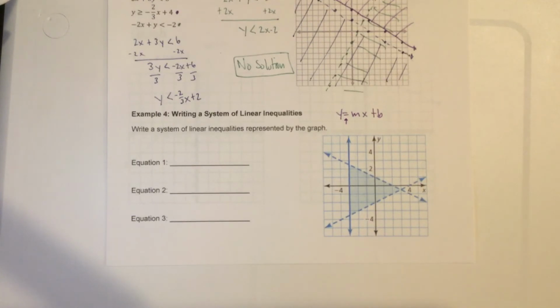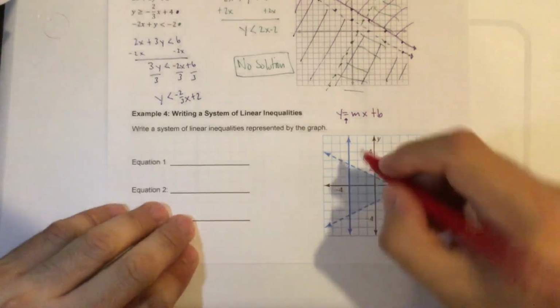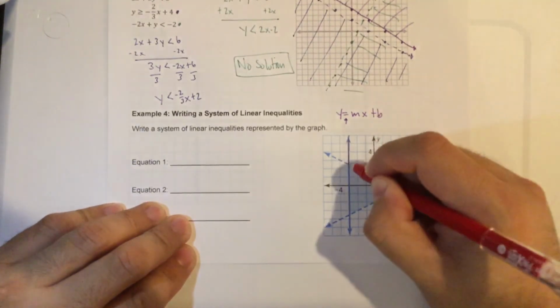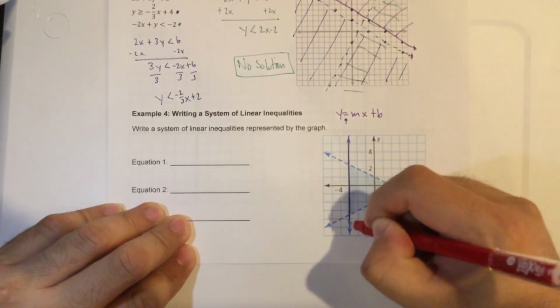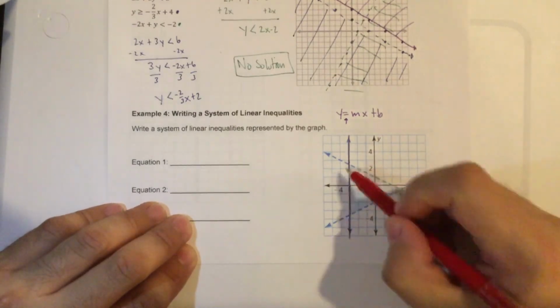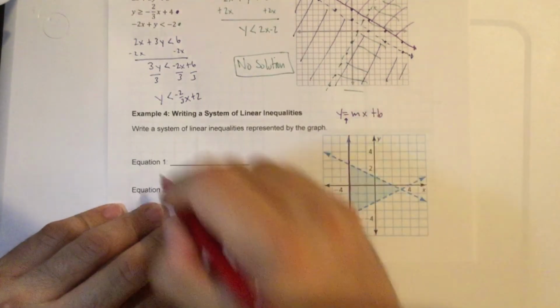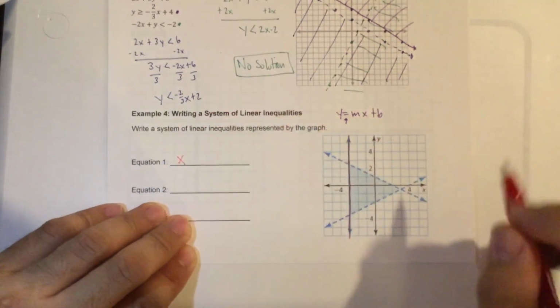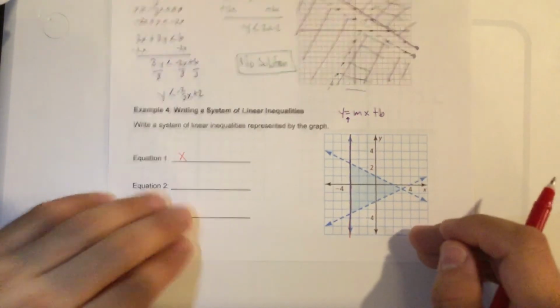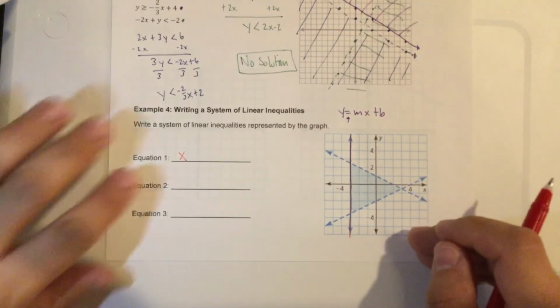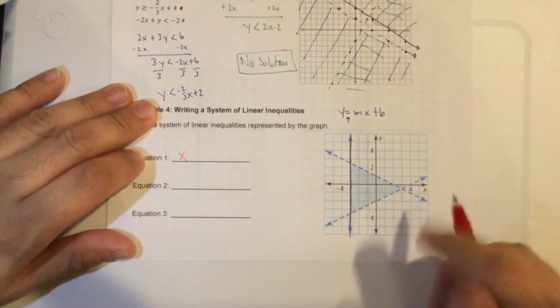So the first one I'm going to do, and I'll try to color it as I go through, I'll do this one because it appears it's just a vertical line. So this is x because it's a vertical line. Now this one's different. Greater than is usually above or below, but in this case it's kind of like a number line.